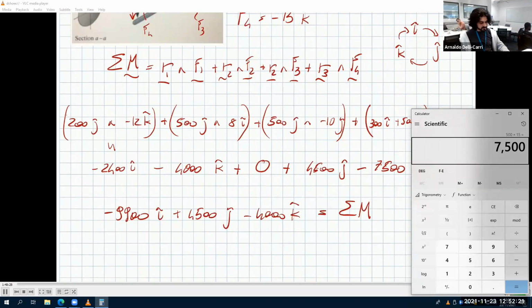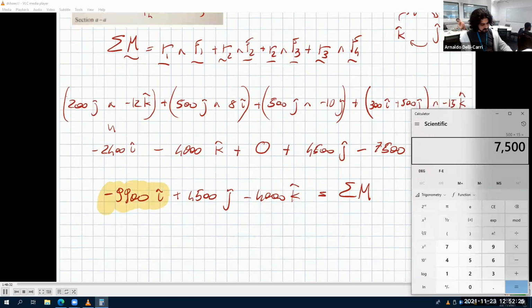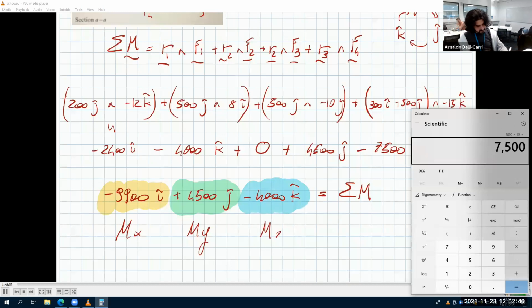Now this one is Mx, M around the x-axis. This one is My, M around the y-axis, and this one is Mz, M around the z-axis.